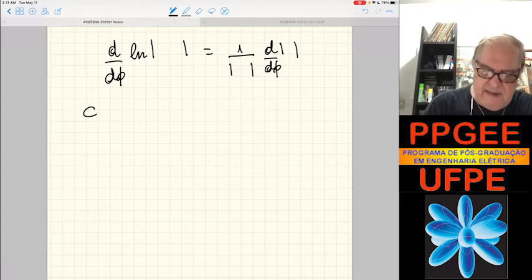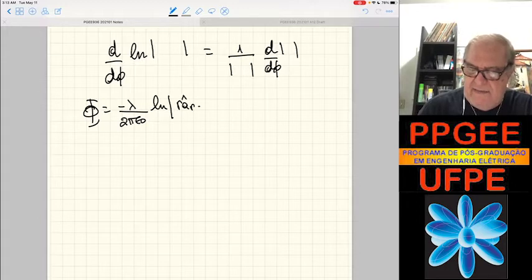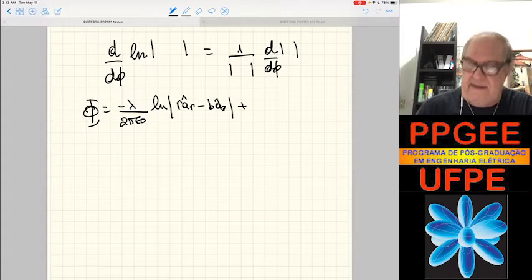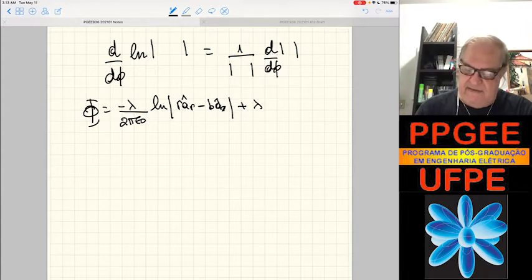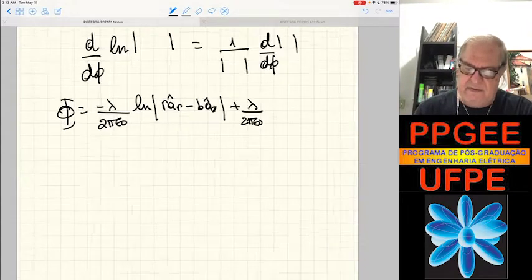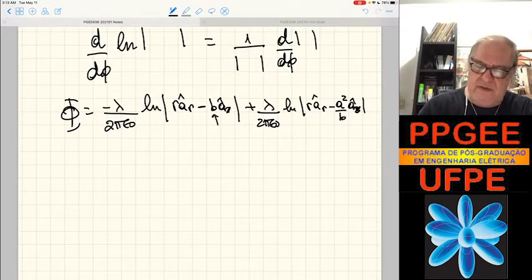The potential is that of the original charge, minus lambda over 2 pi epsilon 0 log of RAR, I'm going to leave it like this, minus BAX, plus, because lambda prime is minus lambda, plus lambda divided by 2 pi epsilon 0 log of RAR, here you're going to have minus a square over BAX. So that's the solution, right?